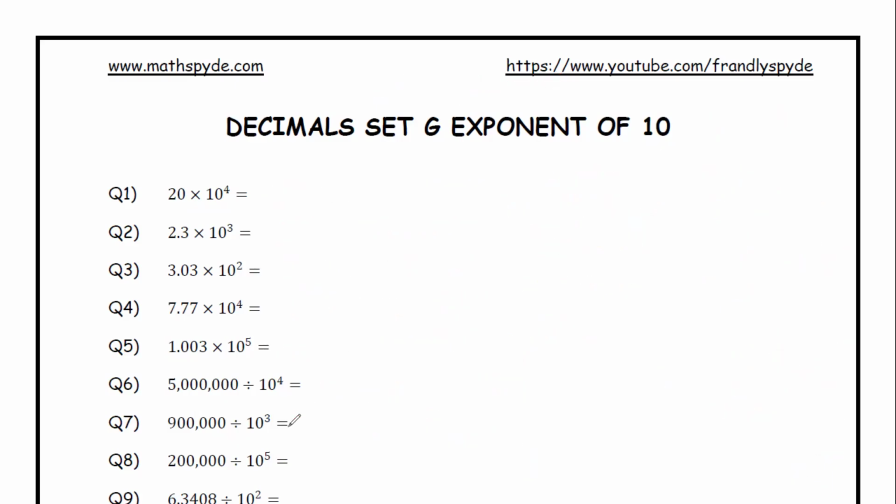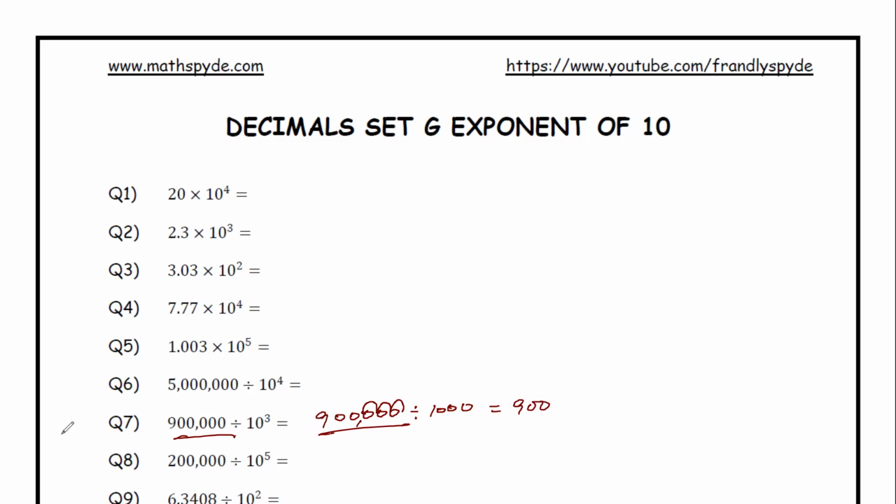Then we have 900,000 divided by 1,000. So it becomes 900 because the decimal point jumps back 3 times, stops here. So that's 900.